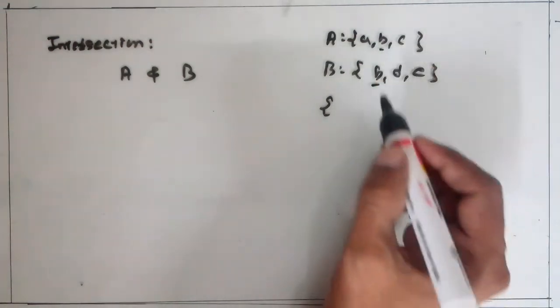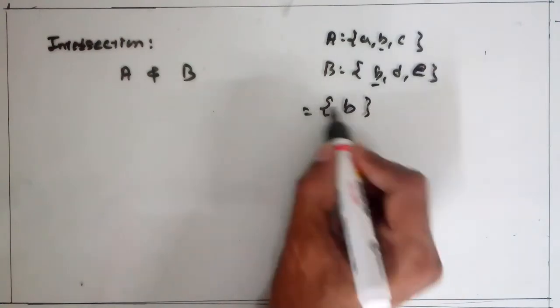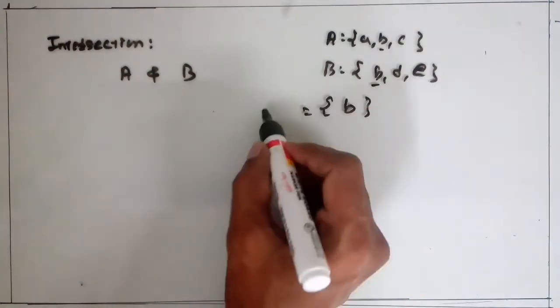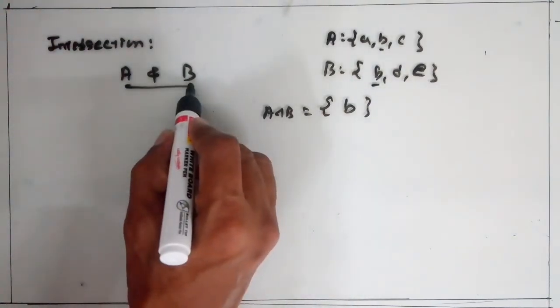Here b is the only common element, so the set {b}. And this set is called the intersection of A and B. Clear this? So remember this definition of intersection.